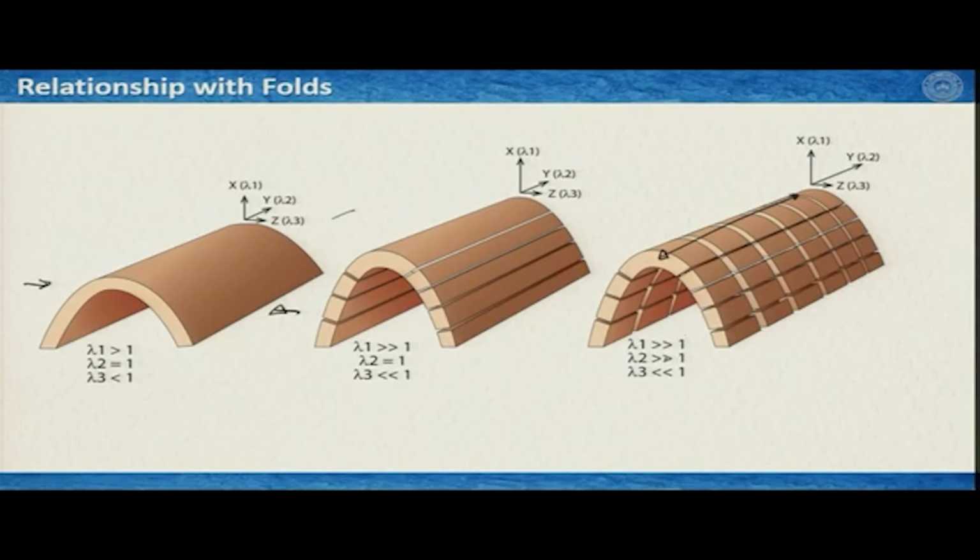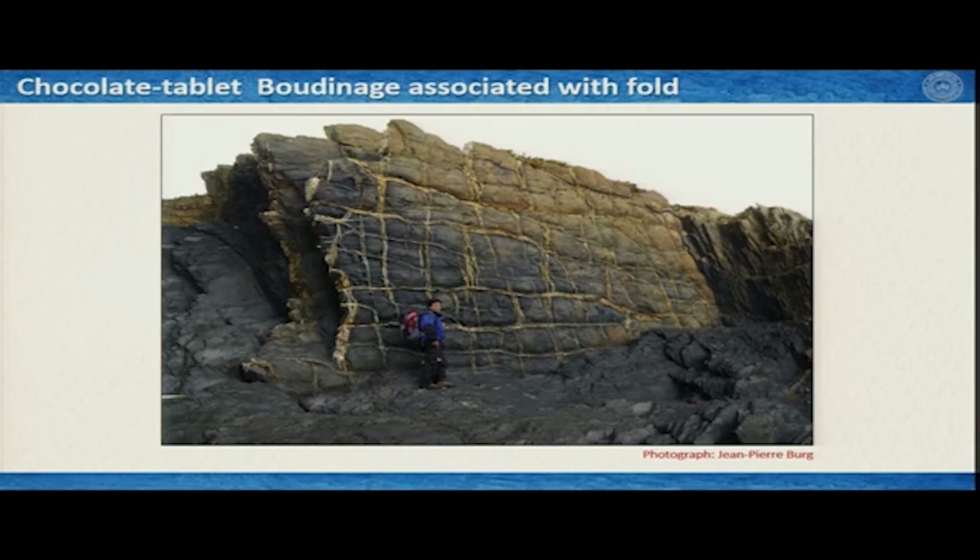This is a kind of constrictional deformation. Then you form the Boudinage in this direction and also in this direction, either simultaneously or one after another, and this is again a chocolate tablet Boudinage associated with folds, and I have a very nice example for you.